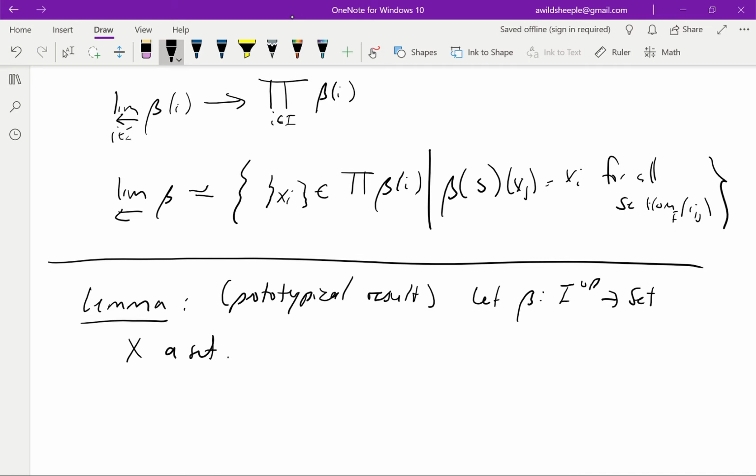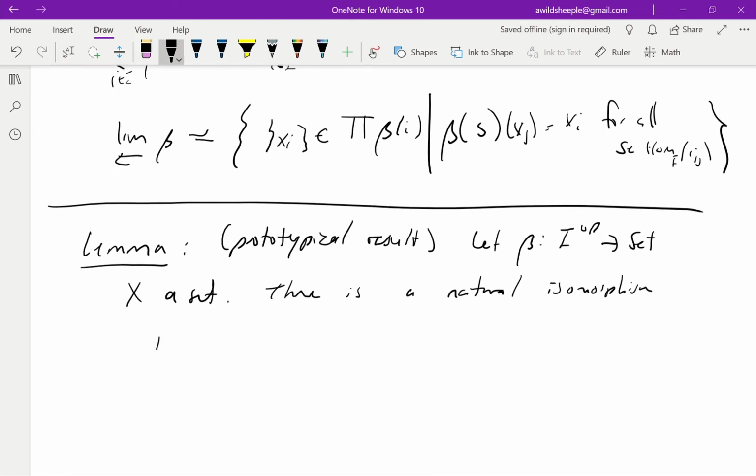Then we have a natural isomorphism from Hom set of x, and we take the backwards limit, and then over here we obtain the backwards limit of the Homs.